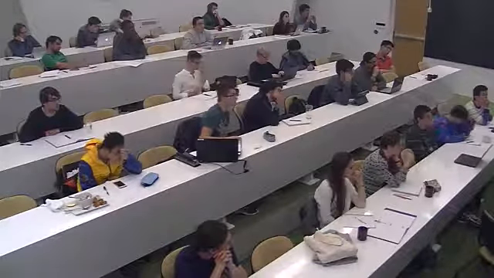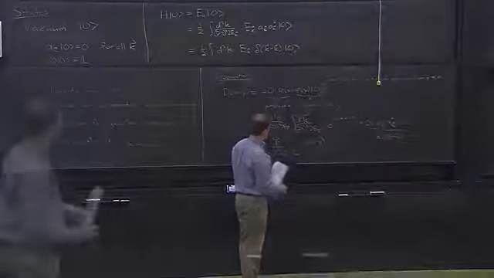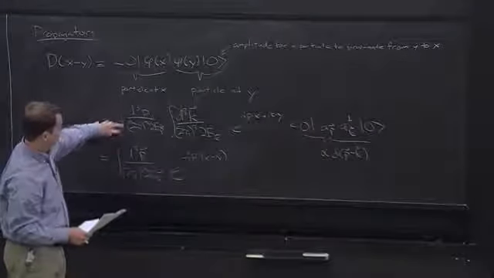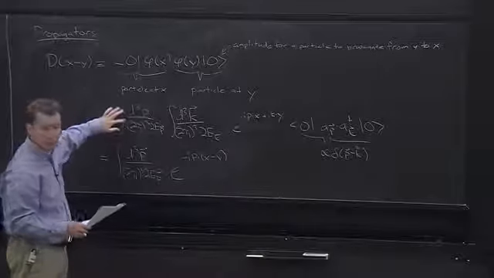So every time I write an exponential that has a four-vector in the exponent, so far we're always integrating over just the spatial components.